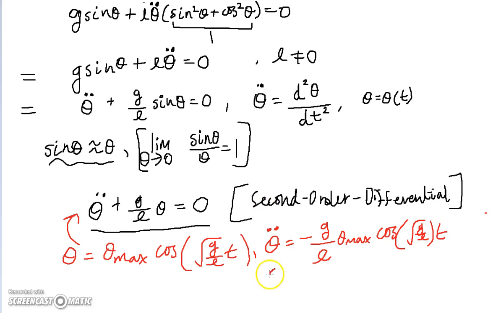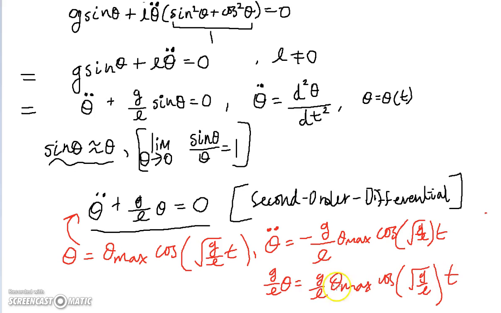And we know that g over L times theta is just g over L theta max cosine root g over L t. So if we sum these two together, we do indeed get 0, and so this is a solution to the equation we've derived above.